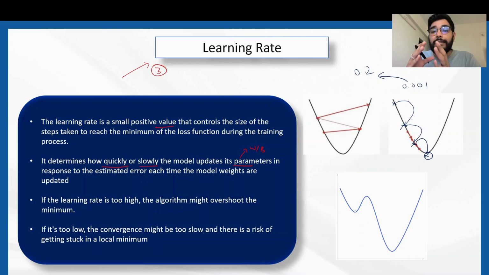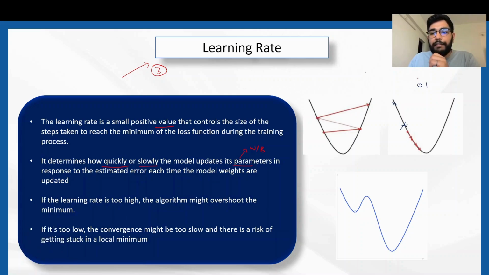It decides the step or the rate at which the model tries to descend the loss to the minimum. That is, we want to reach the minimum loss of that particular loss function. It decides the size of the step, or how quickly the model reaches that particular objective, right? If the learning rate is too high, the algorithm might overshoot the minimum, right? What does this mean?